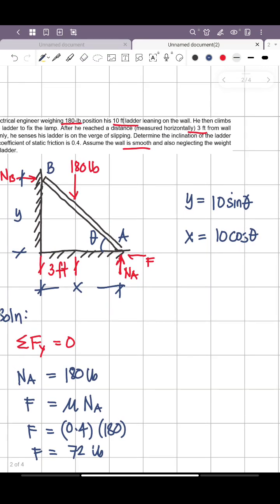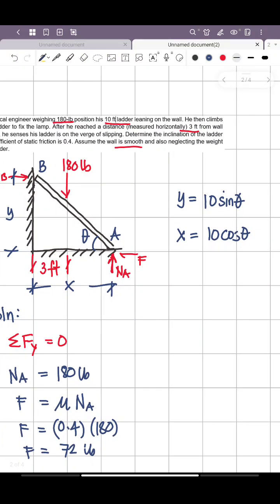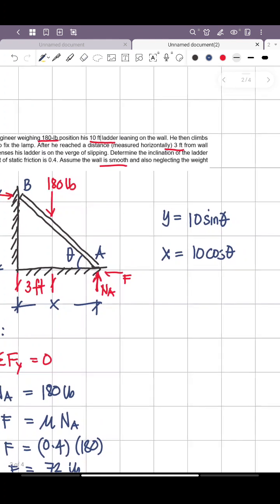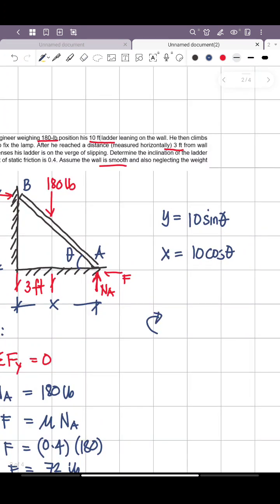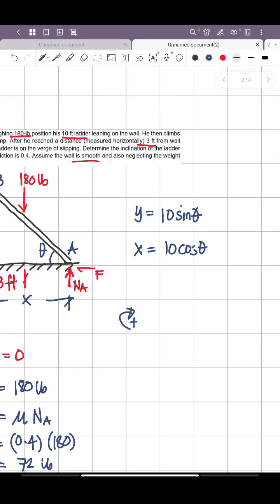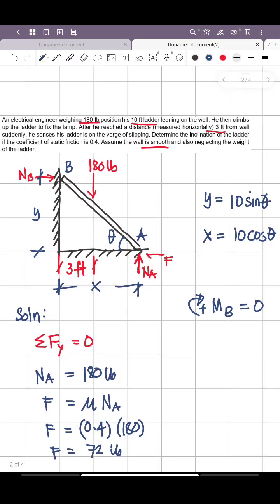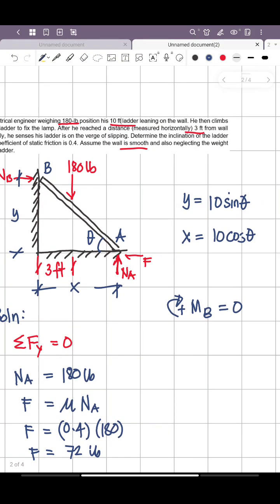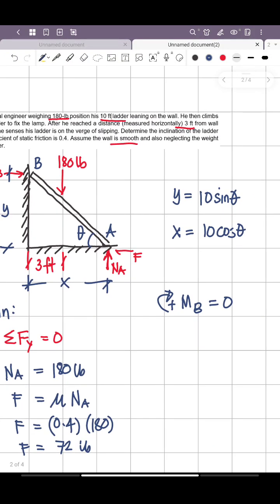Therefore, summation of moment at B, positive moment clockwise, at B equals 0. So ano yung mga forces natin dyan? Yung clockwise muna. Yung clockwise natin is yung friction force. That is, friction force times the Y. Then, ano pa ba?